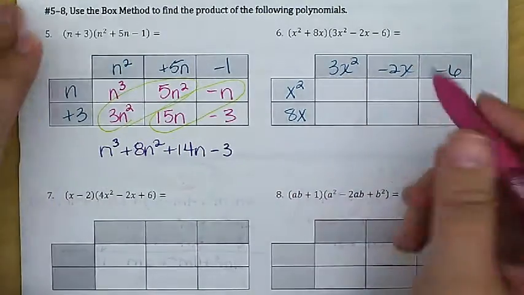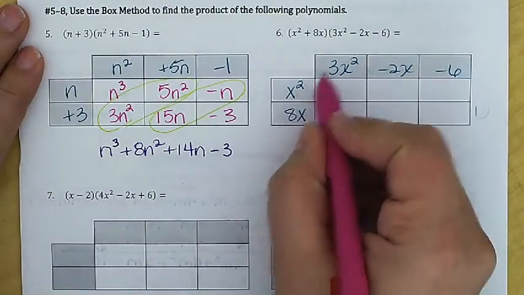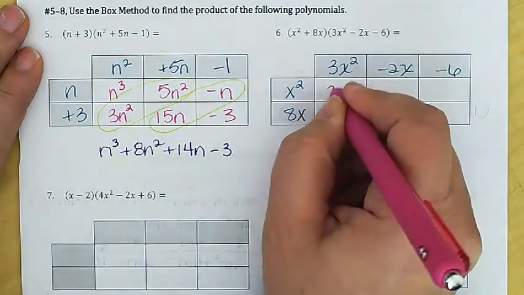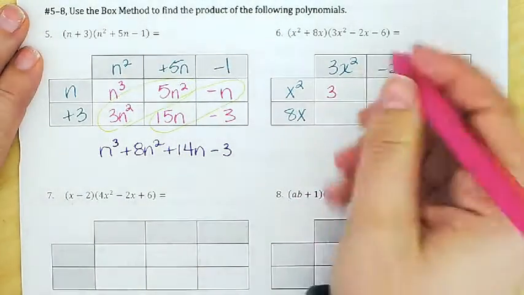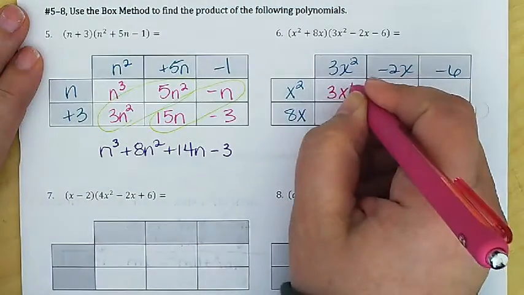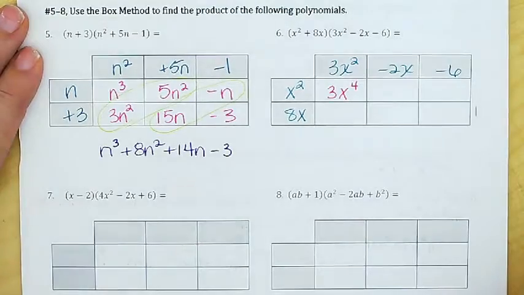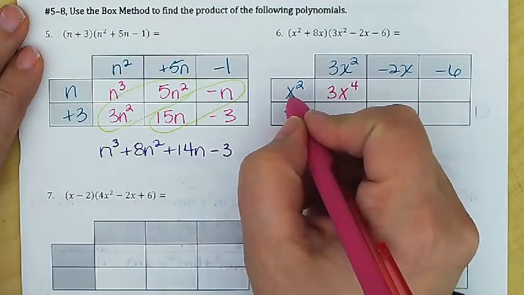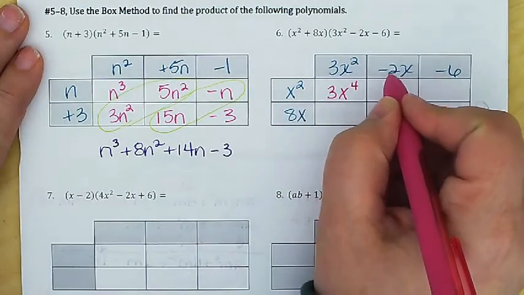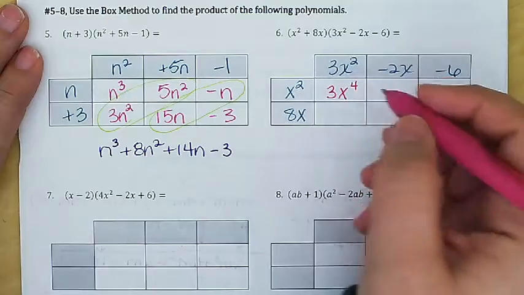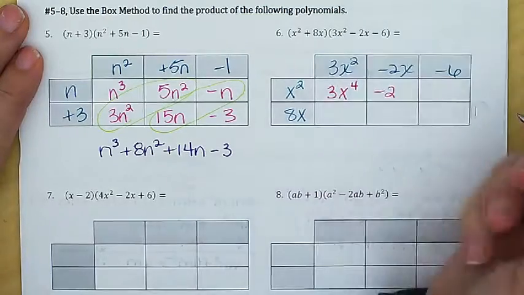So I just want to remind you of that. Let's take a look at number 6 here. 1 times 3 is still 3. Those are my coefficients. And then x squared times x squared, I add those exponents, and I get x to the 4th. X squared times a negative 2x, well, negative 2 times 1 is still a negative 2, so the coefficient's going to be negative 2.